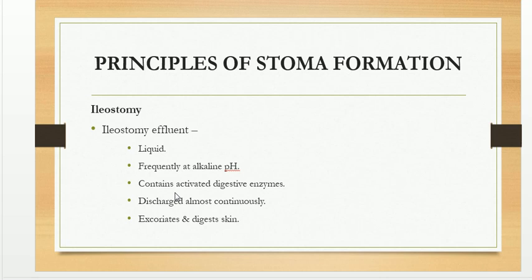This effluent also excoriates and digests the skin, which causes a rash around the ileostomy. We should know this before making it, so that we can construct the ileostomy in a way that these complications do not occur.